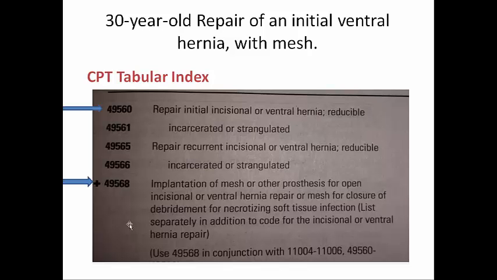So I'm going to have two codes here, 49560 and 49568. And here's a little instruction note to use 49568 in conjunction with these CPT codes or the 49560, and it looks like this got cut off, but it goes to 49566. And you can look that up in your book.